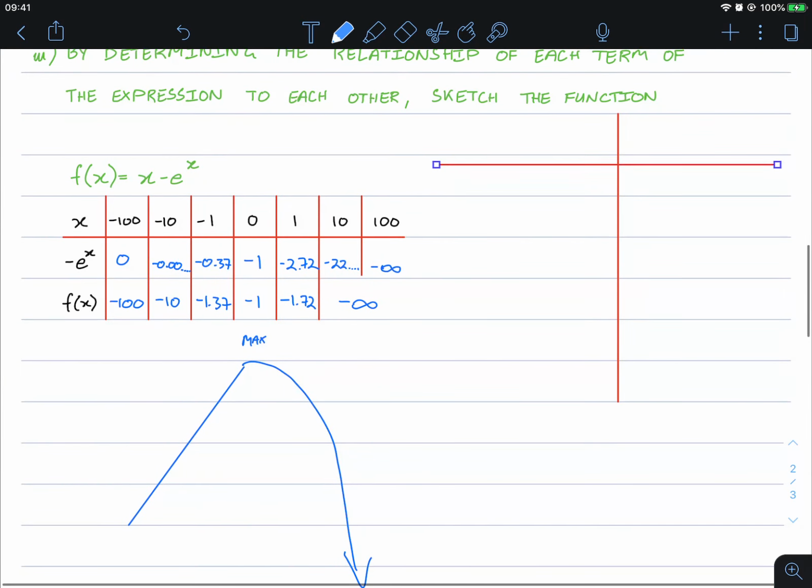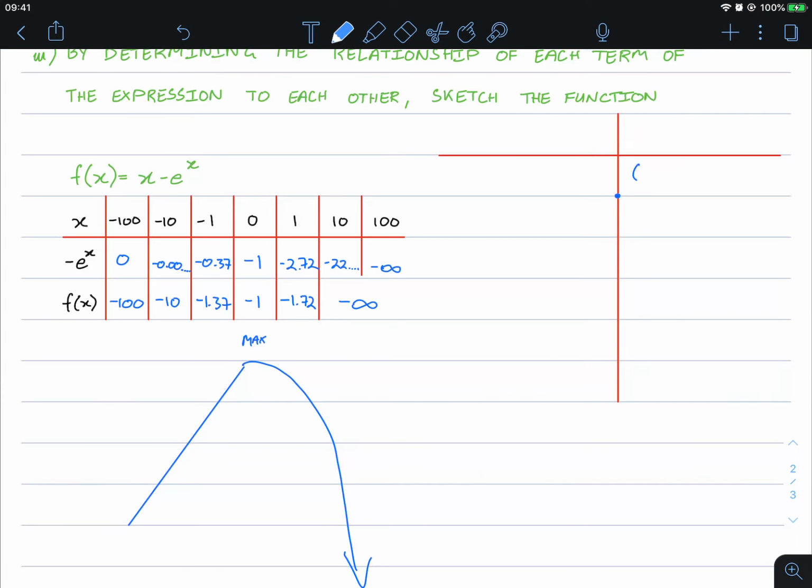So let's actually do it here. So here's my 0, -1. This is essentially a straight line from what it looks like, although it should really curve as it comes close to our maximum.